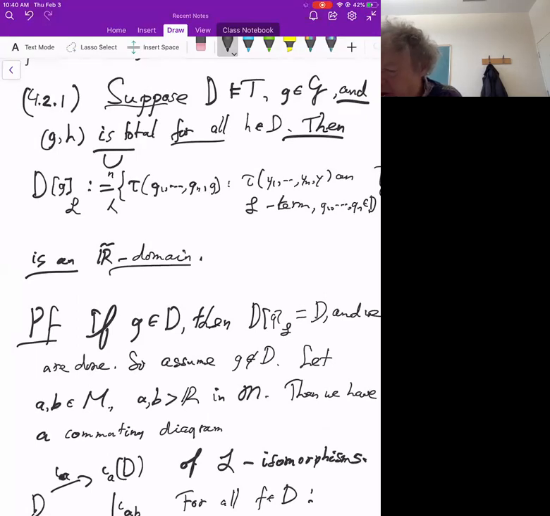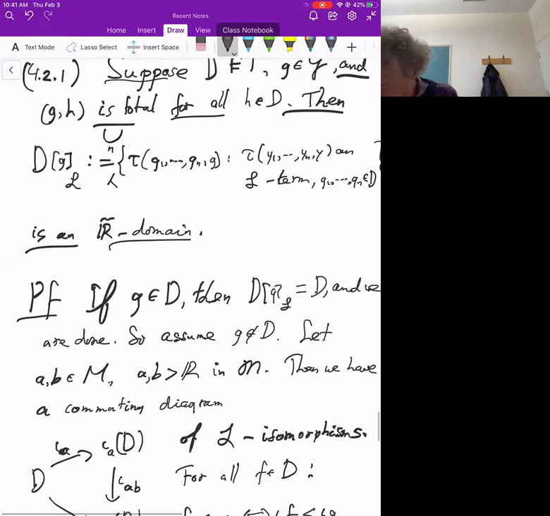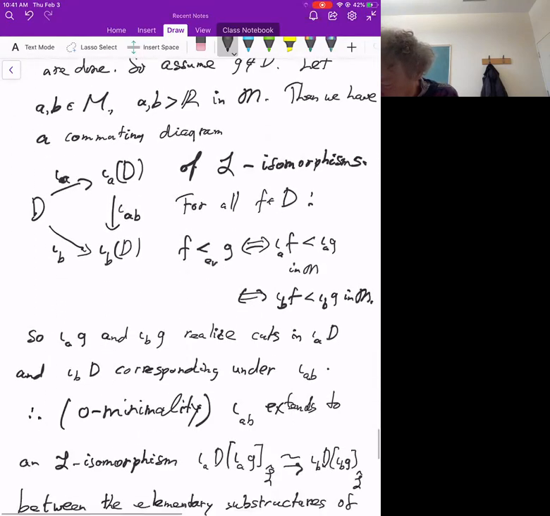It's certainly closed under the primitives of the language L, which is clear from the definition. So we only had to show that any such element together with 0 is total, and that's what we proved here.